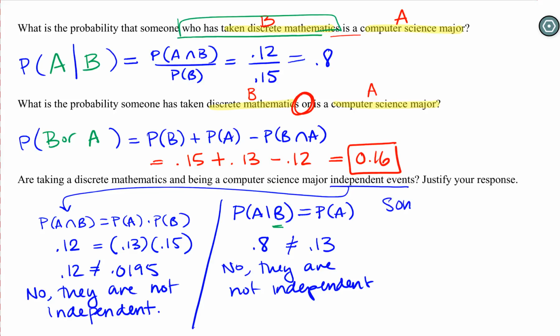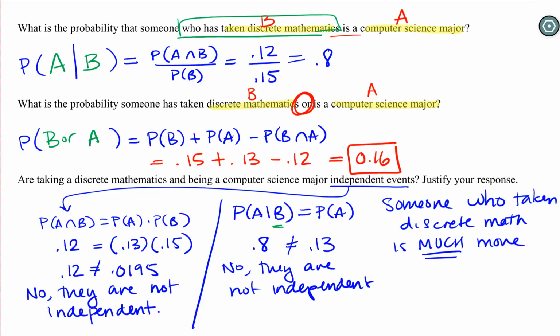I can say someone who has taken discrete math is much more likely to be a CS major, right? If 13% of the students are CS majors and 80% of those who have taken discrete math are CS majors, I now see this relationship. I now know the direction of it and how it works. So that's why I like the second method personally, but either method is good on the exam when I ask you to prove something's independent or show something's independent using probabilities. This is what I'm going for.